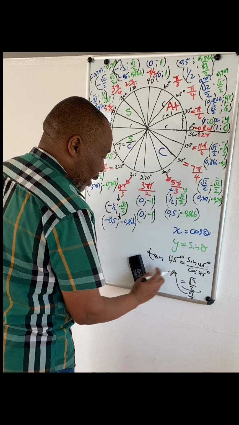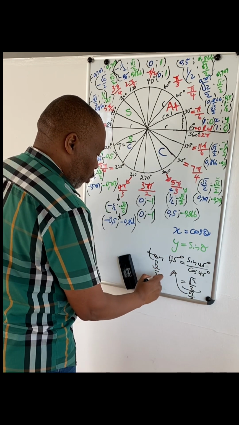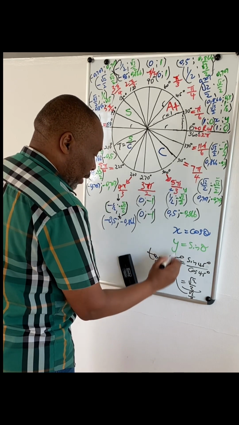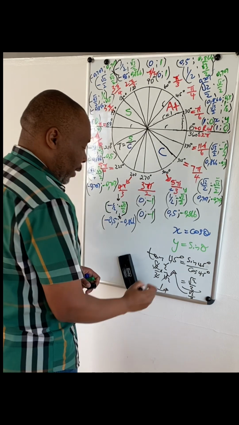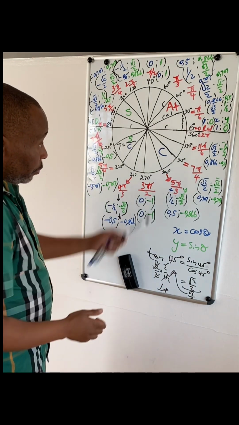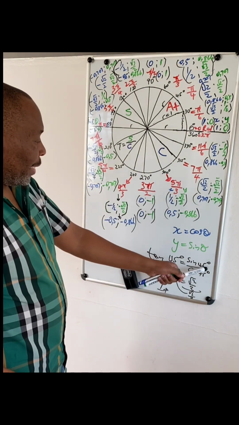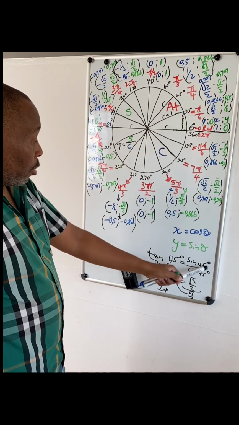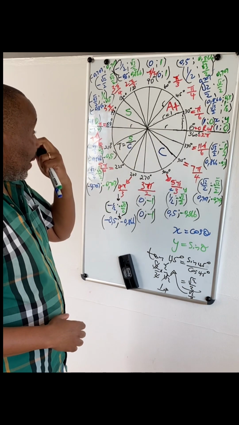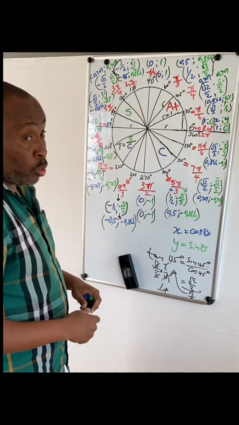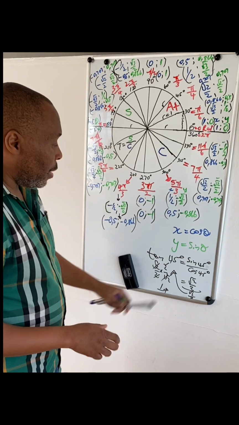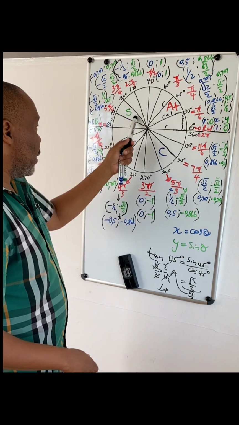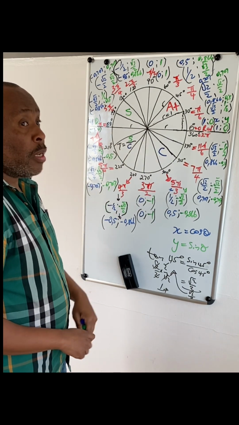We say root 2 over 2 multiplied by 2 over root 2, it cancels, and therefore tan 45 is equal to 1, which is positive. It's positive because we were dealing with angles in the first quadrant, 0 to 90 degrees. Cos is positive here, sine is positive in the first quadrant.